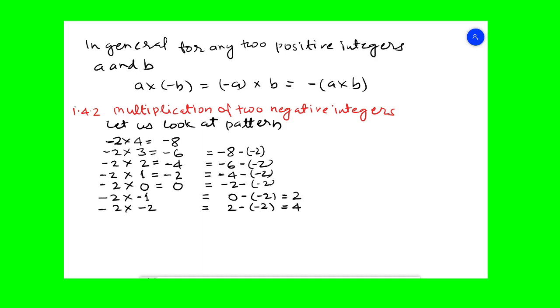Then minus 2 multiplied by minus 3. What is our previous figure? 4. 4 minus minus 2 equals 6.